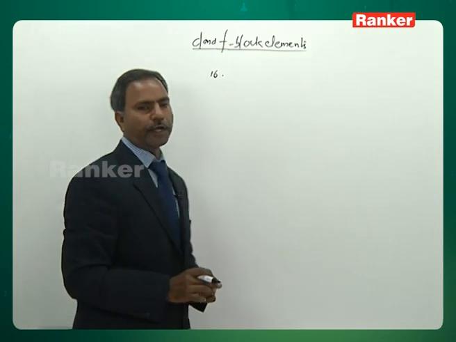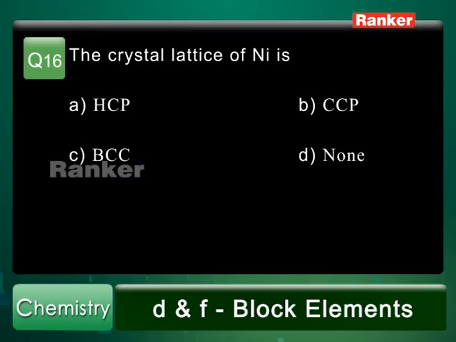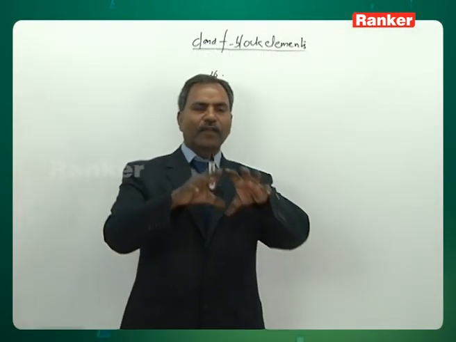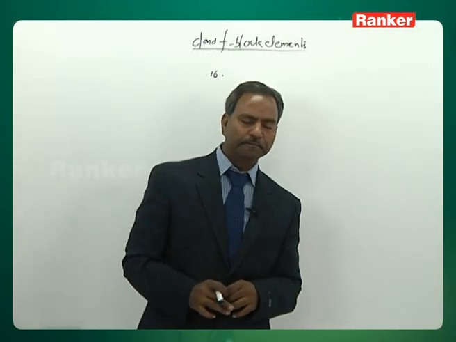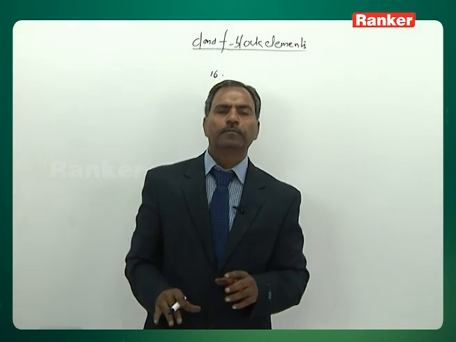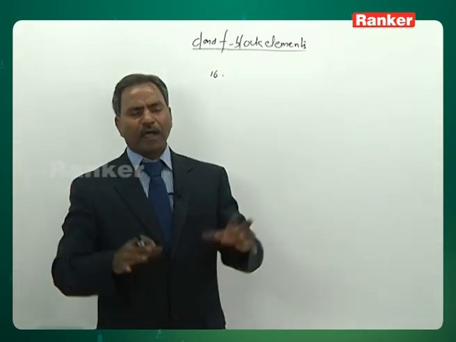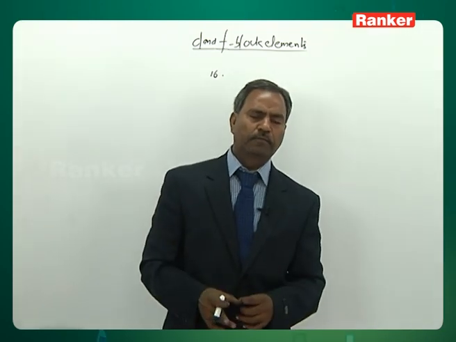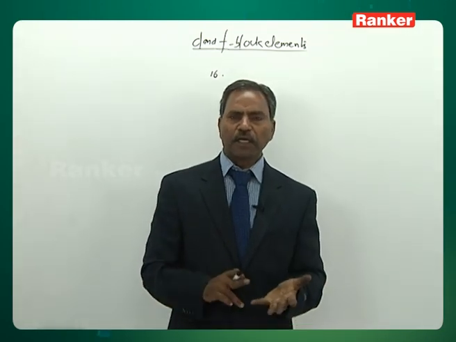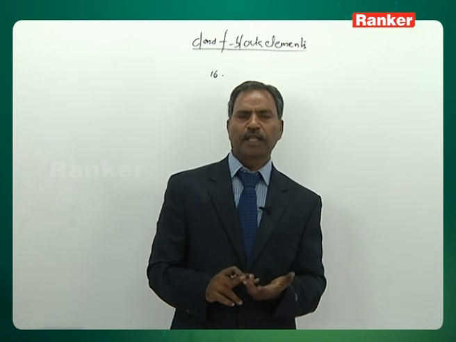Coming to the next question 16, the crystal lattice of nickel is. After completing the entire D block elements, I gave all the 3D, 4D, 5D on the board. And these 30 D block elements have different types of metallic lattices, HCP, FCC, BCC like that.